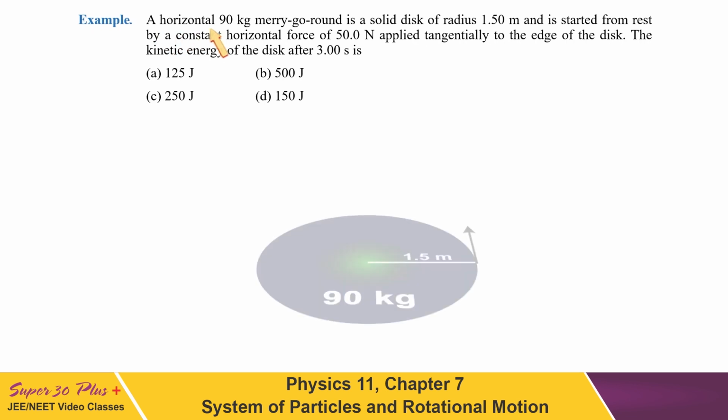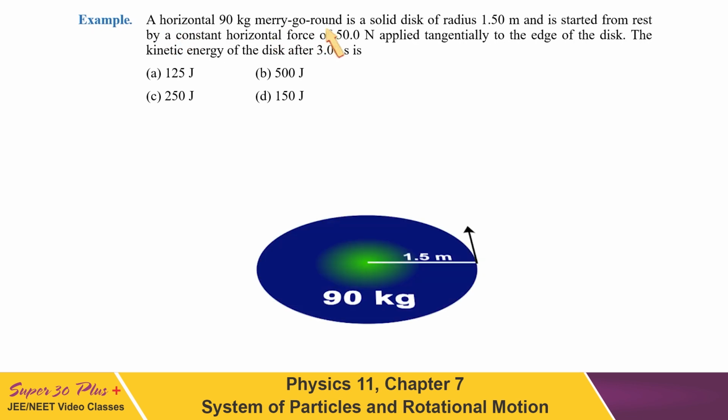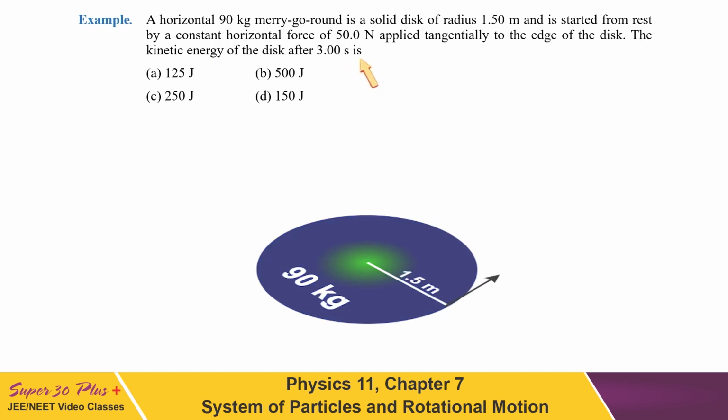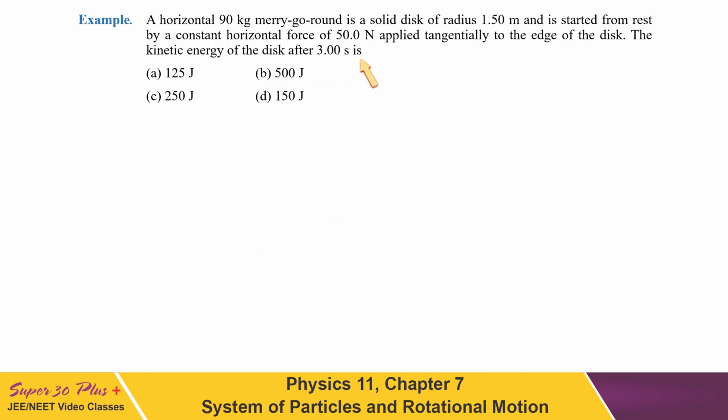A horizontal 90 kg merry-go-round is a solid disc of radius 1.5 meter and is started from rest by a constant horizontal force of 50 Newton applied tangentially to the edge of the disc. The kinetic energy of the disc after 3 seconds is. If we write the torque equation for this system, then net torque equals I alpha.